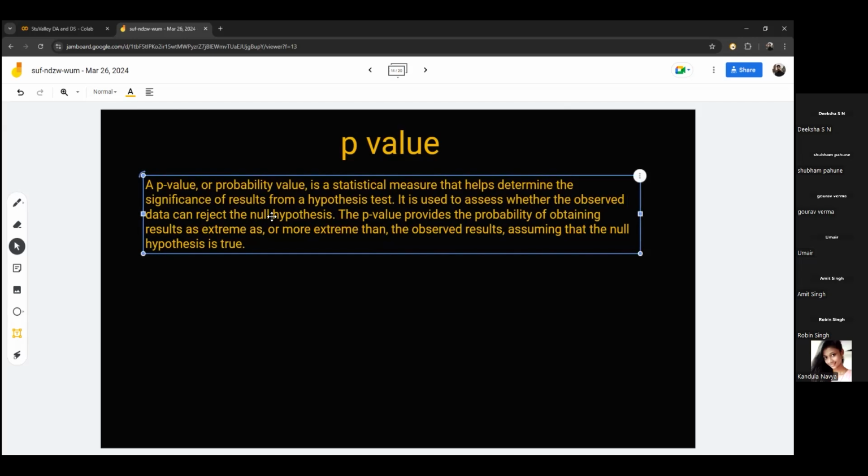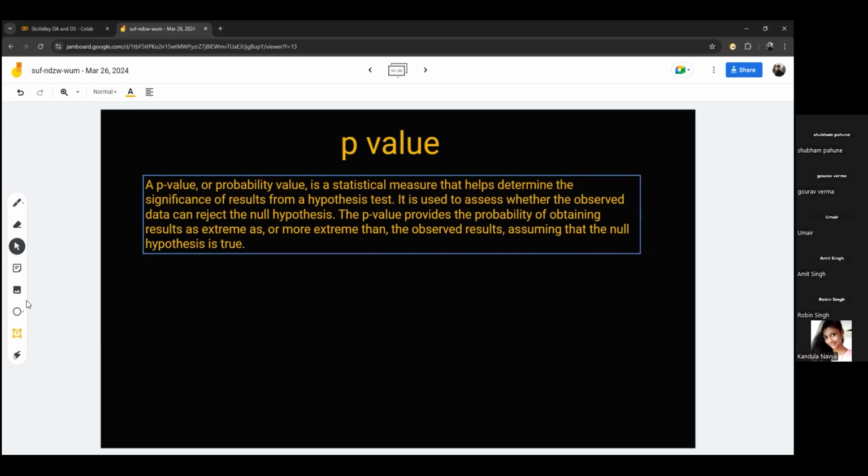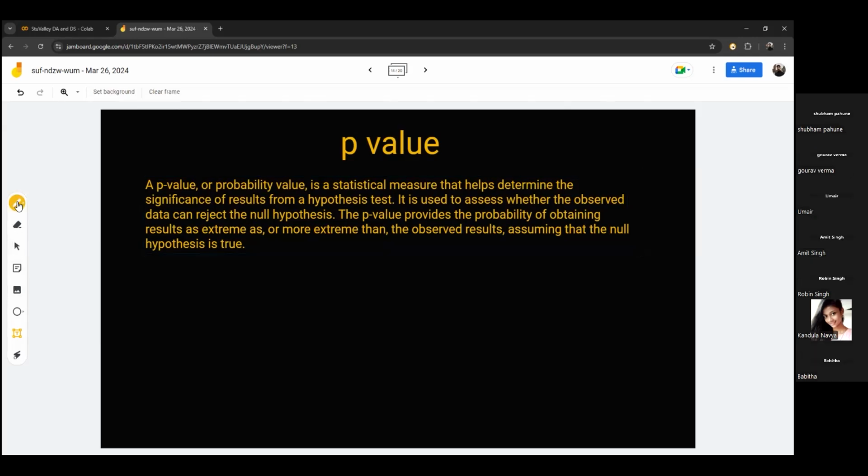See, first of all we can say we have two statements. Null hypothesis, and then we have alternate hypothesis. There will be one statement here, one statement here.